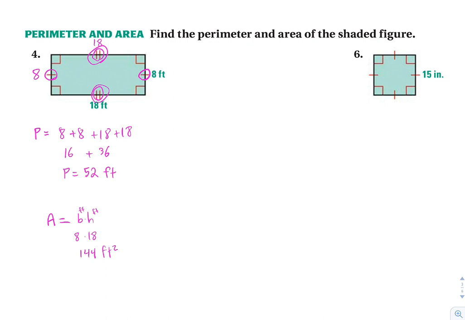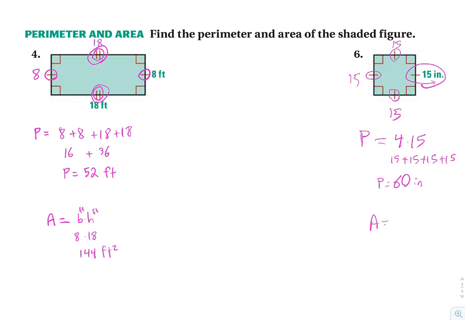Over here, same thing, except look, they only give you one measurement, but they tell you congruent, congruent, congruent. So we have 15 on every side. In that case, we could cleverly say the perimeter is just 4 times 15, or that's the same as 15 plus 15 plus 15 plus 15, just going all the way around, which is 60. Units here are inches.